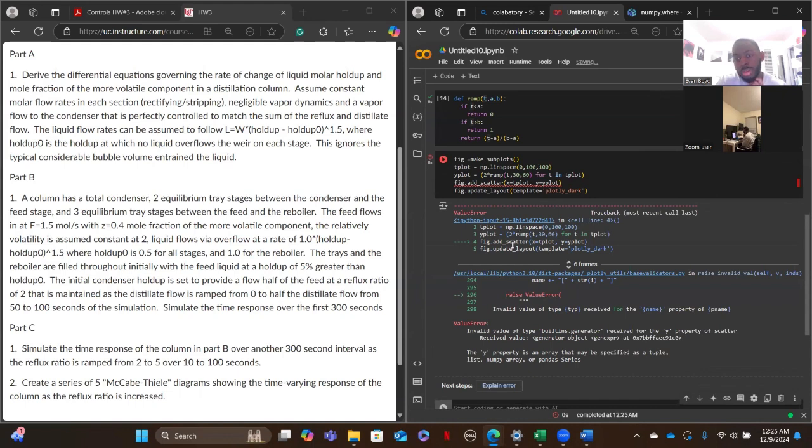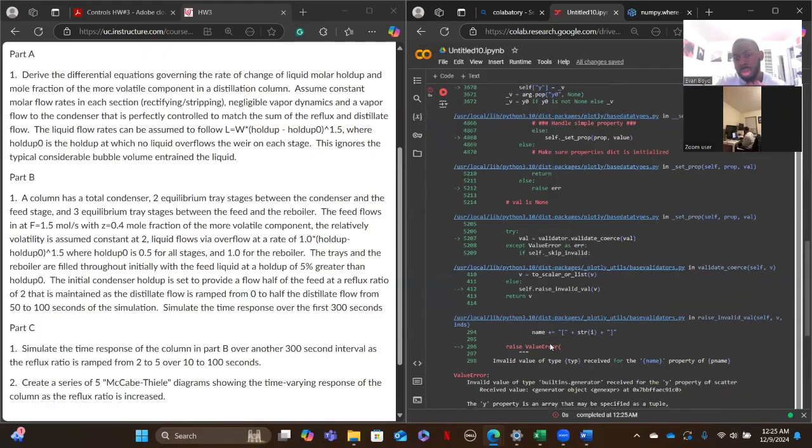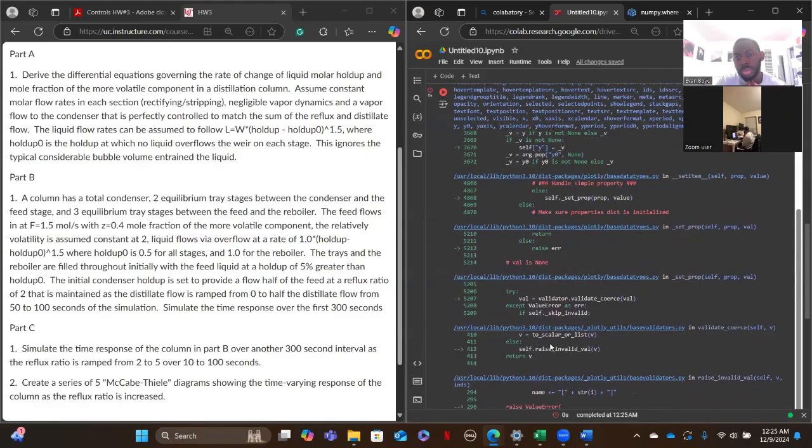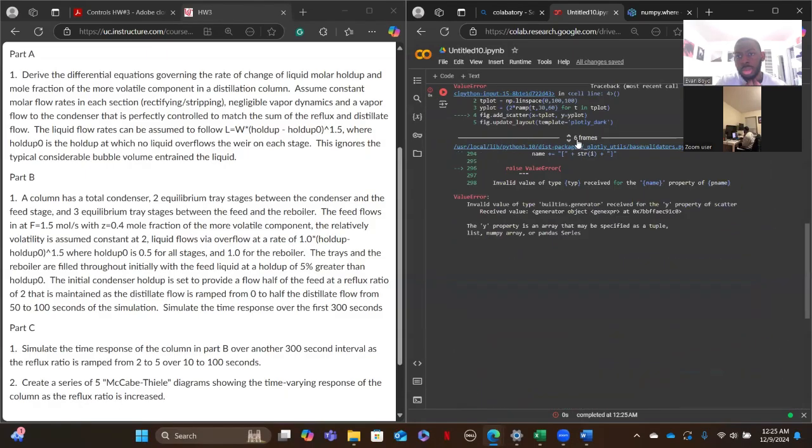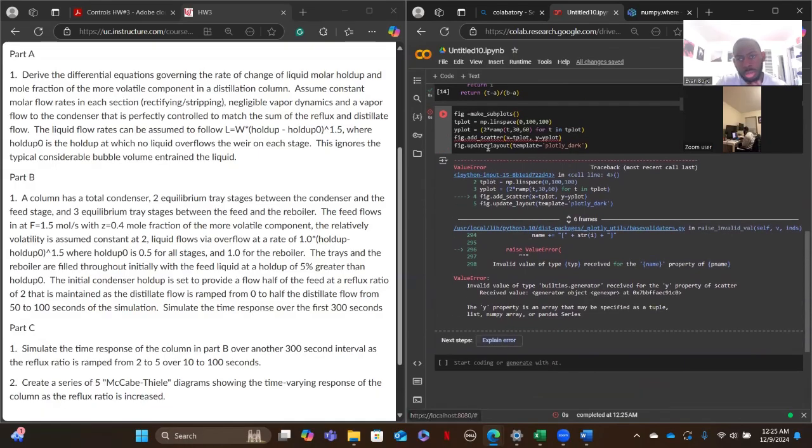Invalid value for the type of bulletin generation received for Y. Let me just skip that up. Fig dot add scatter.